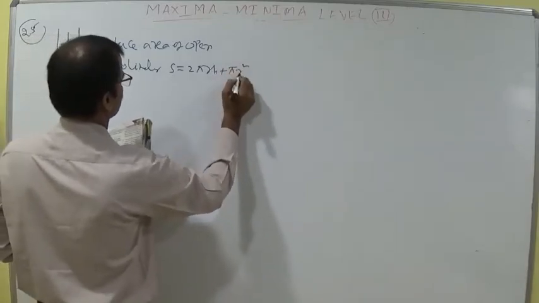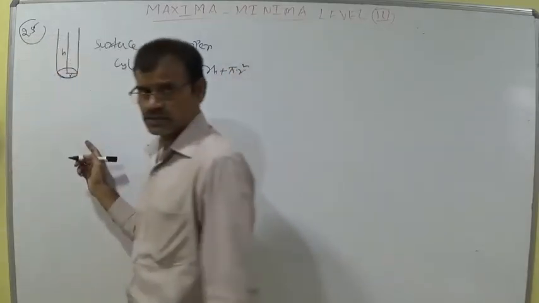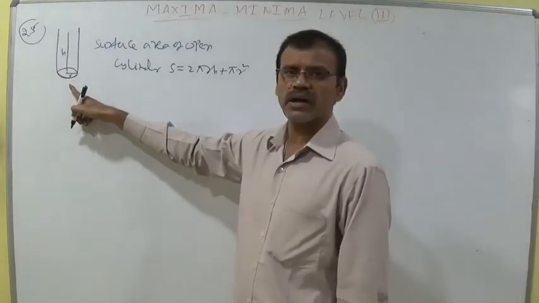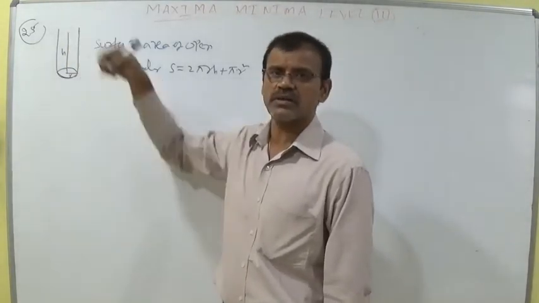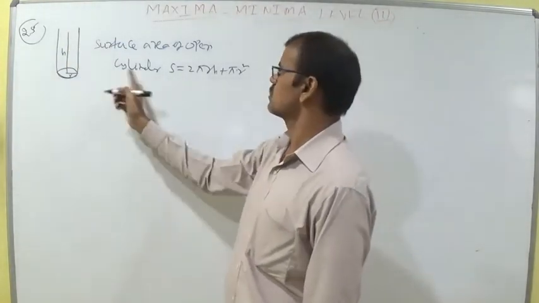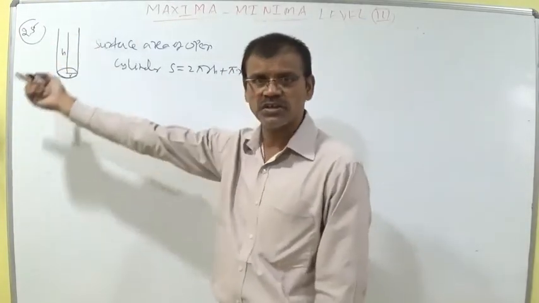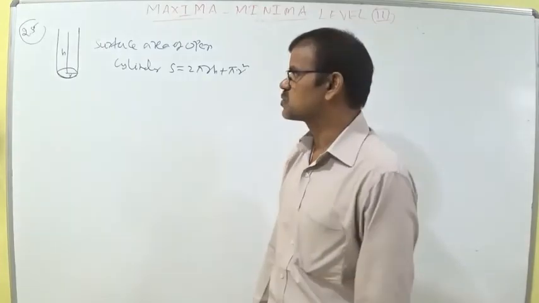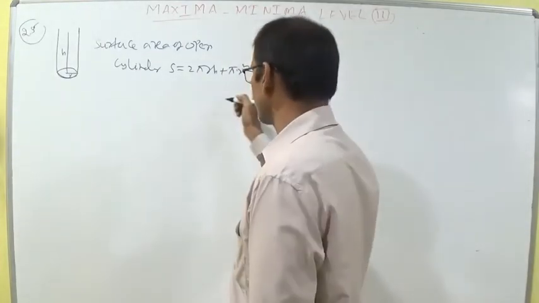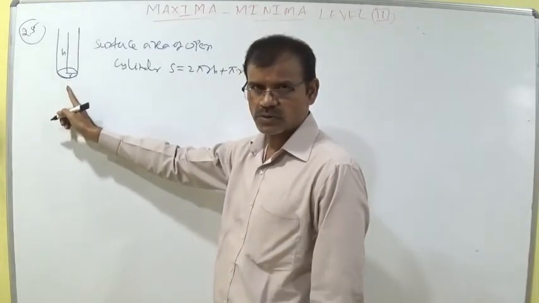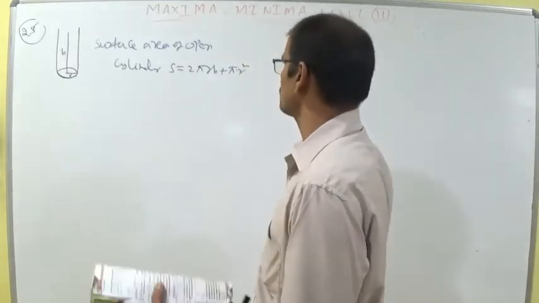The original curved surface area is 2 pi rh. This is the base area pi r square, and this is another base area pi r square. If it is closed, S is equal to 2 pi rh plus pi r square plus pi r square, which you will face in the 28th question. This is the 25th question, only one side is closed and one side open, so only one pi r square.